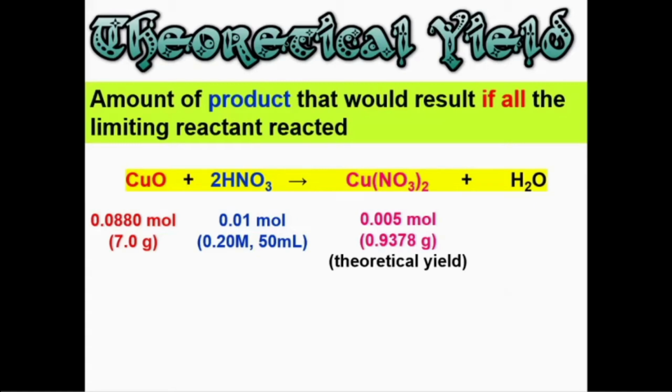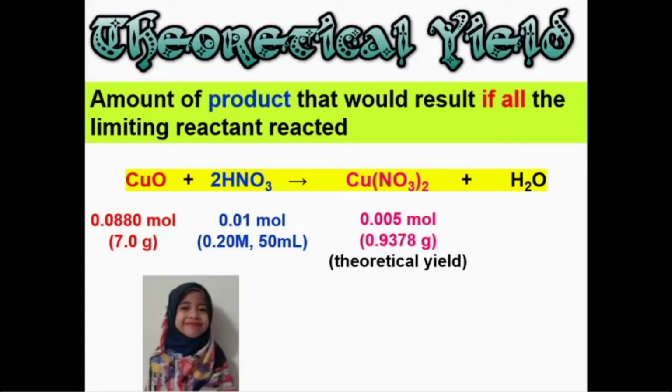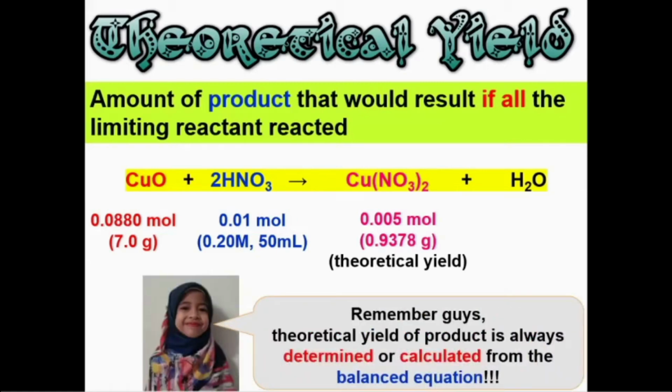So what is theoretical yield? Remember, theoretical yield is the amount of product that would result if all the limiting reactant reacted. And remember guys, this theoretical yield of product is always determined or calculated from the balanced equation.